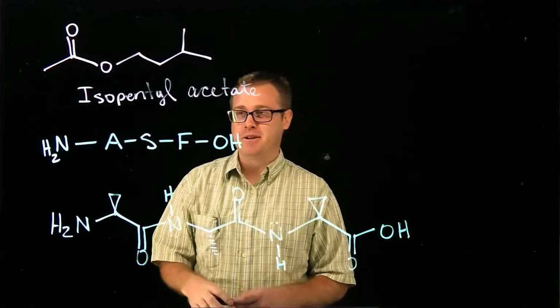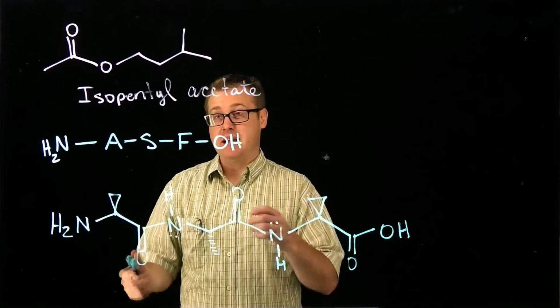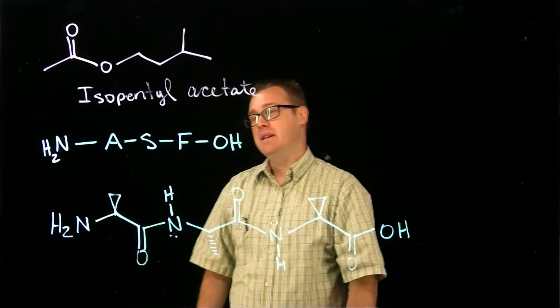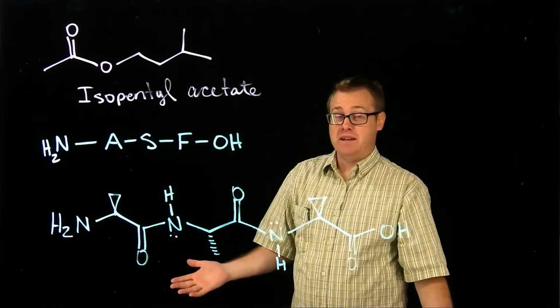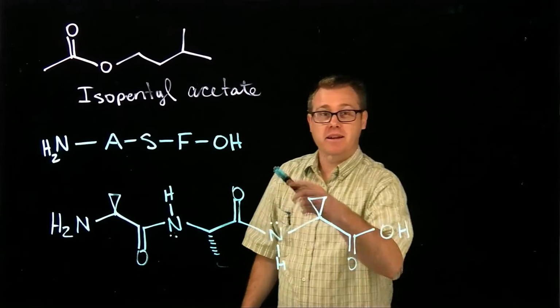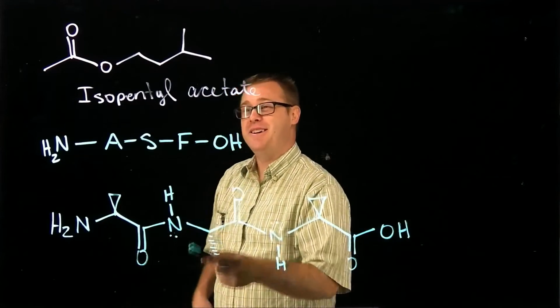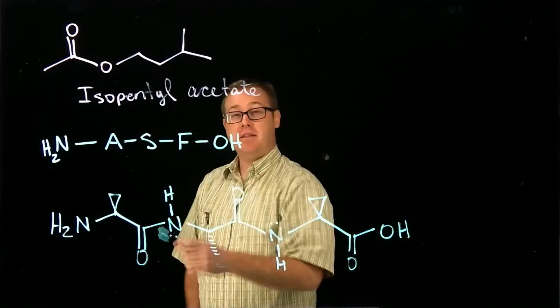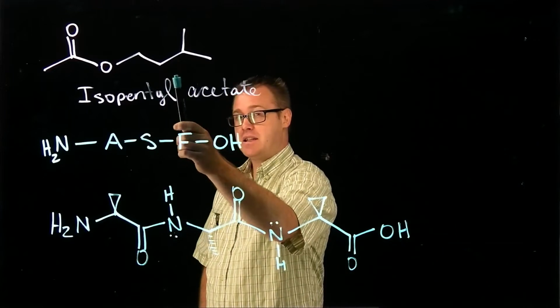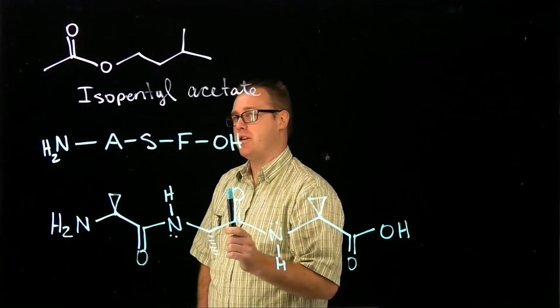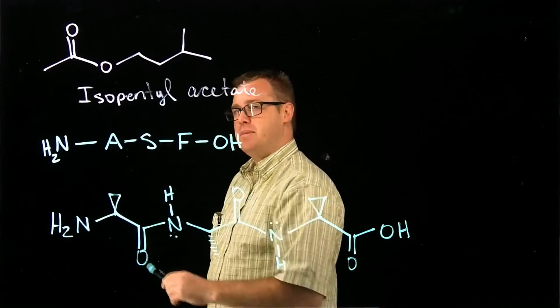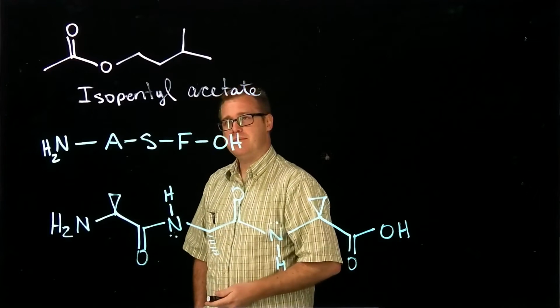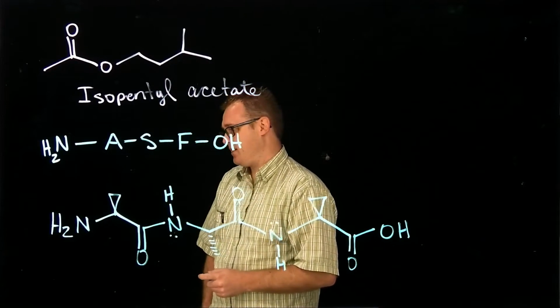So you go into the lab and it smells like bananas the whole time. I feel bad for those people who hate bananas and it makes them sick, but it's a pleasant smell for some people, hopefully most people. And so I think UCF does that reaction as well, but I don't know for sure. But isopentyl acetate is a fun molecule to make.